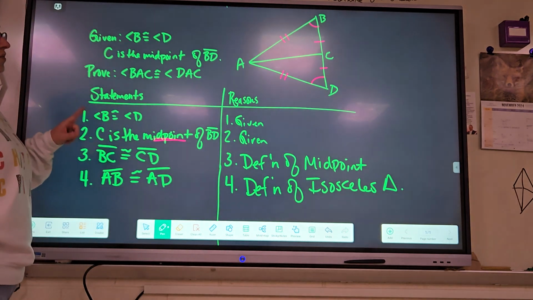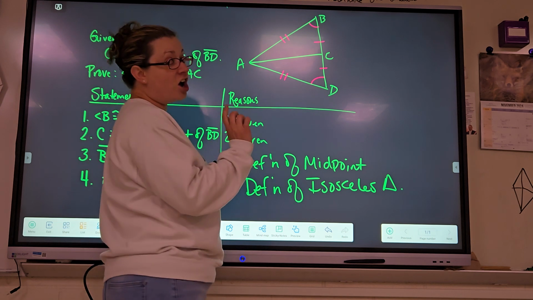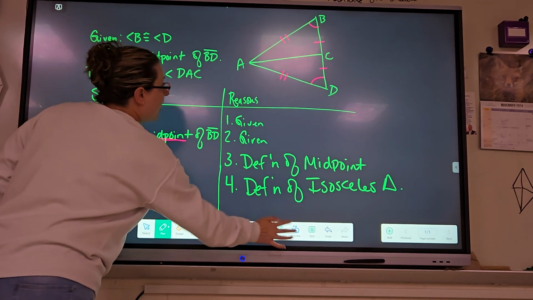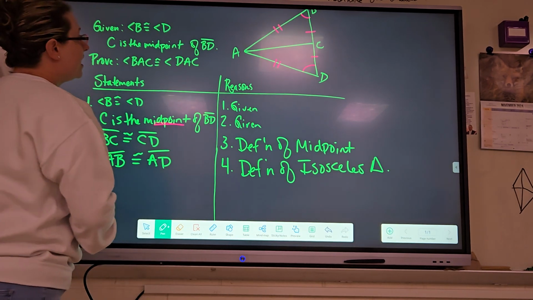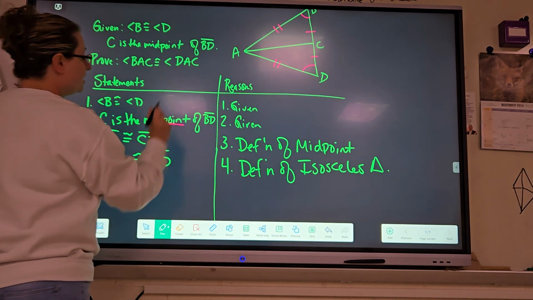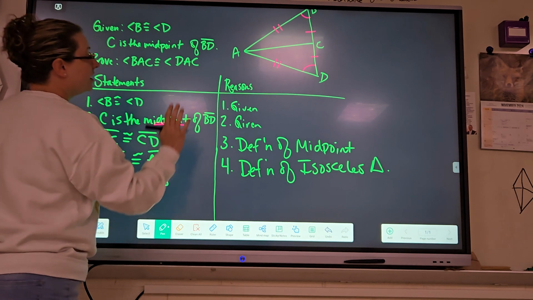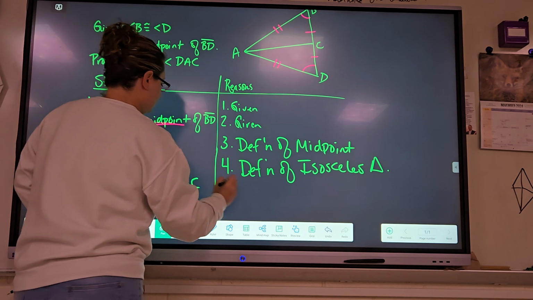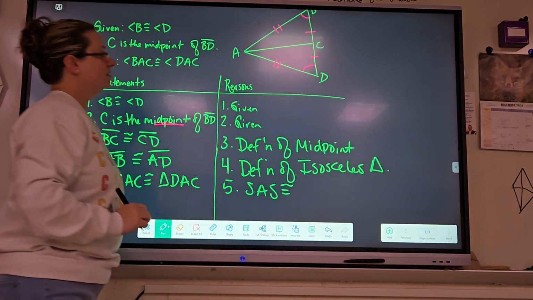And then we know that now brings us to a congruency that is not the donkey postulate, it's side-angle-side. So we can say that triangle BAC is congruent to triangle DAC, by the side-angle-side congruency postulate.